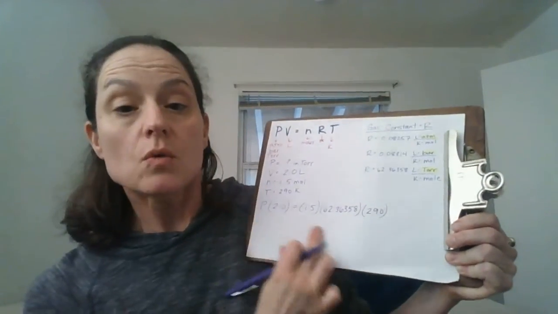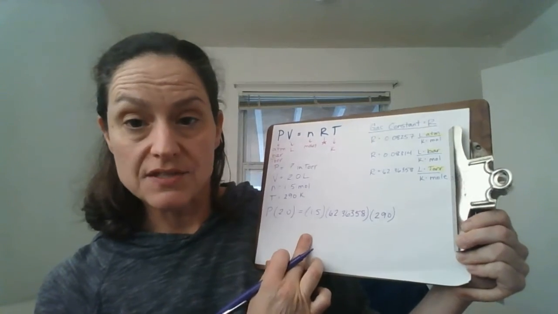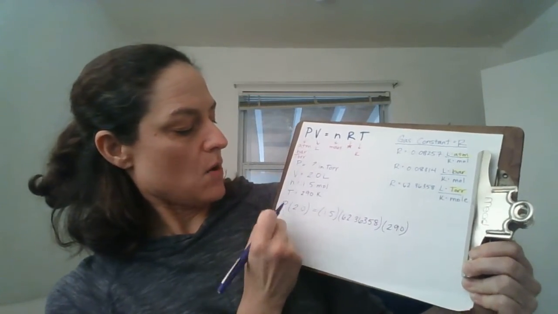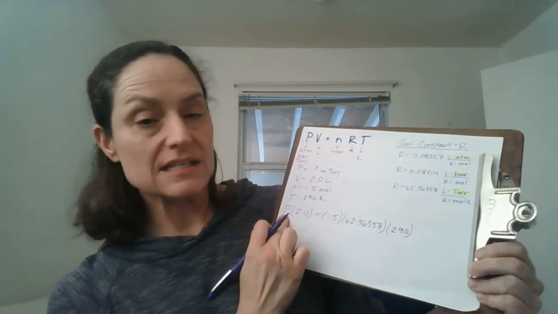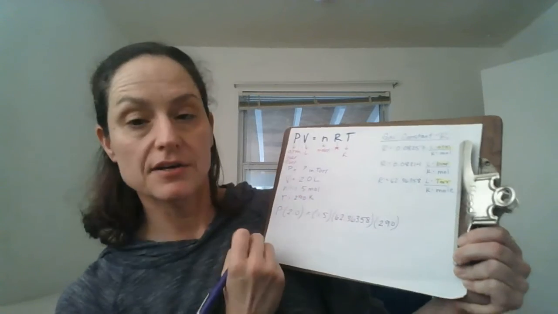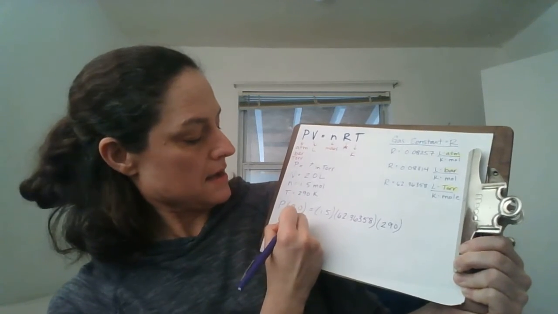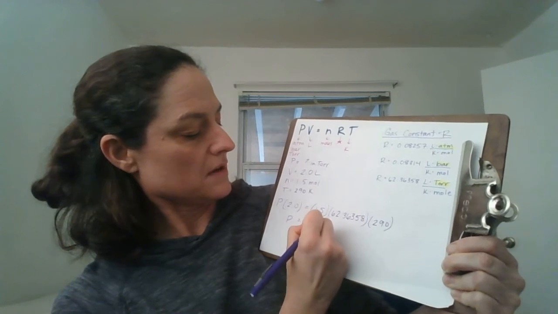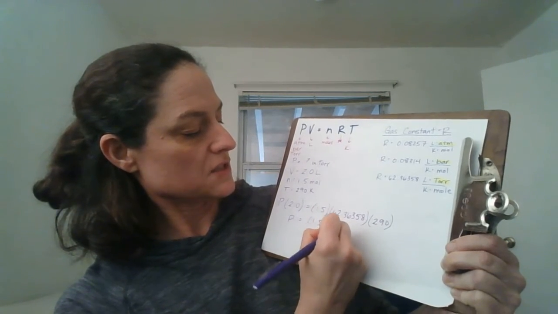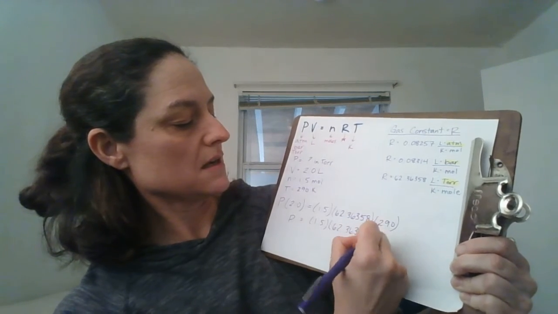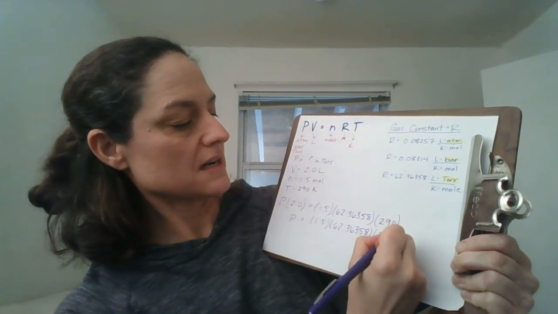Okay. When you work this out, you are going to have to do a little bit of rearranging like in algebra. So I'm going to do that now. My P here, I need to solve for pressure. So I'm going to take my 2, I'm going to divide this entire side by that. So P equals 1.5 times 62.36358 times 290.